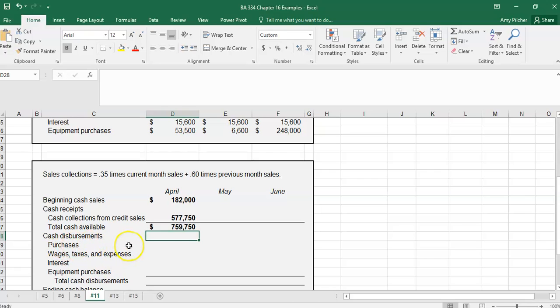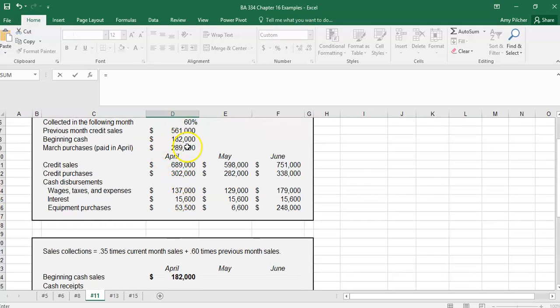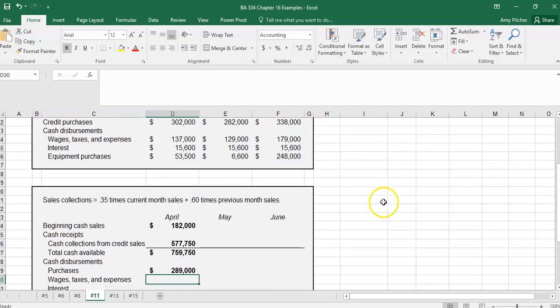Then we have our cash disbursements. Our cash disbursements for purchases are the previous month's credit purchases, so we need March's, here the 289,000.